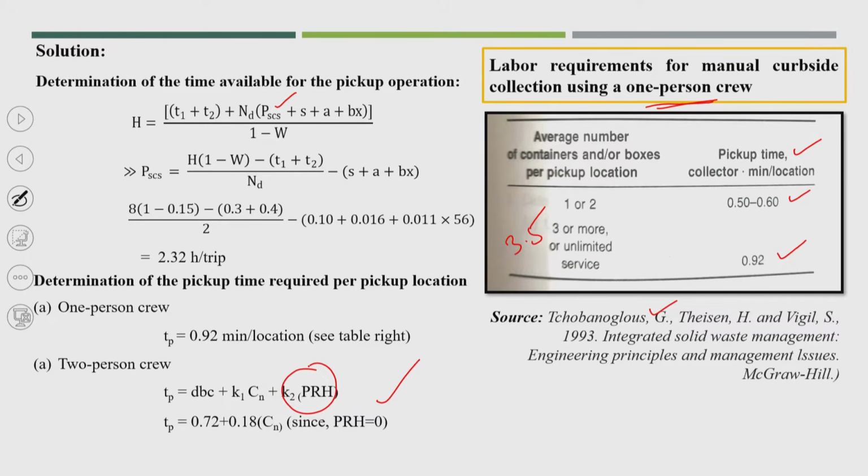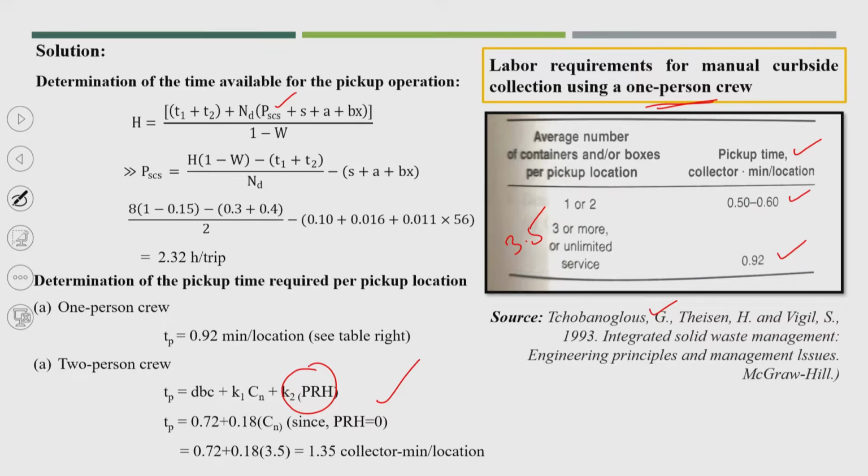From that we can calculate. Here Cn is 3.5, the number of containers at each location, so 0.72 plus 0.18 multiplied by 3.5. So the TP value is 1.35 collector minute per location.